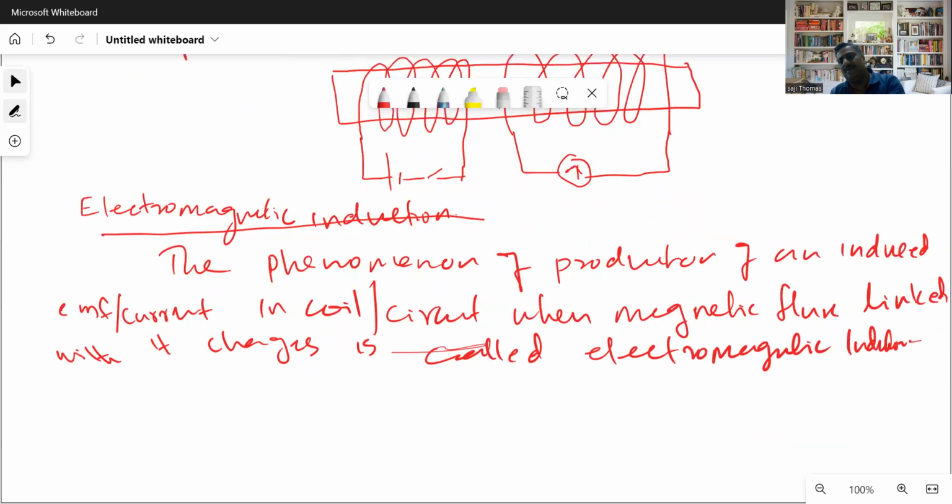The phenomenon of production of an induced EMF or current in a coil or circuit when magnetic flux linked with it changes is called electromagnetic induction. Okay. So producing induced EMF or current, magnetic flux must change.